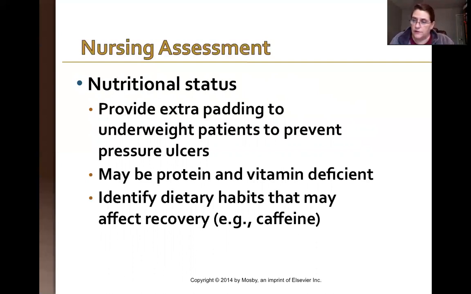We'll talk about that in a minute, post-recovery. Sometimes withdrawal from caffeine can mimic an anesthesia headache. So that's also a question that you might ask in your interview: how much coffee do you drink, or sodas are another source of caffeine.